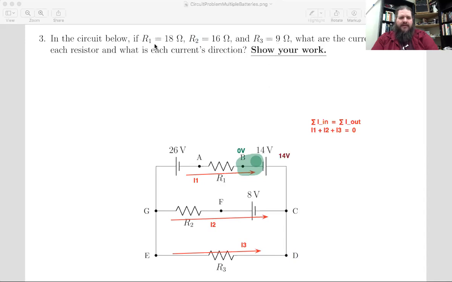And not just that single point, but this entire zone, all these points connected by just wire, those will all be at 14 volts. And then if you go through this battery to point F, what does that do to the voltage? It adds 8 volts. Yeah. So from 14, we'll add 8 more, and this zone will be at 22 volts.